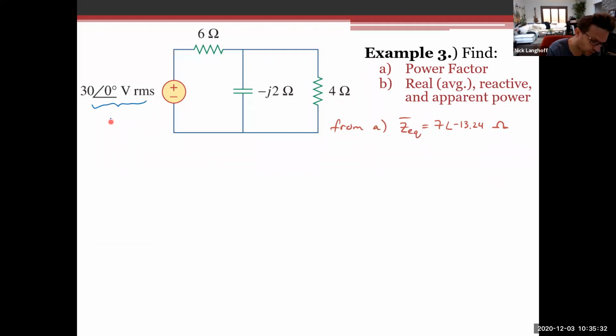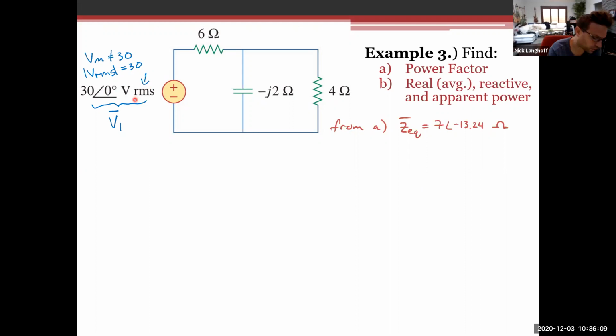This is going to be V1, and notice that this is already given to us in RMS form. So Vmax is not equal to 30, right? It's VRMS, at least the magnitude of it, is equal to 30 volts. So make sure you're keeping track, when you're looking at problems, to check whether a value is shown as an RMS value or a peak value.